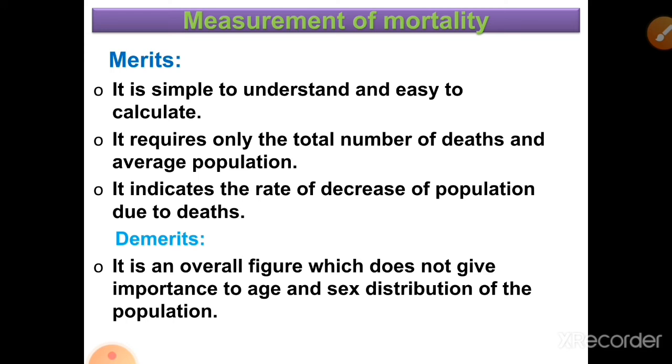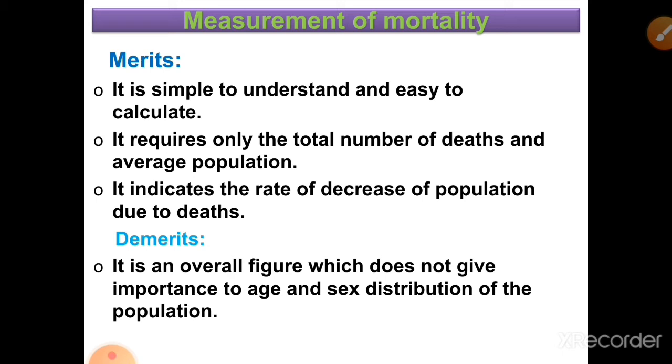The first demerit is it is an overall figure which does not give importance to age and sex distribution of the population. Death rate is significantly high in the age group 0 to 5 and also in old age, and death rate of males is more than females.